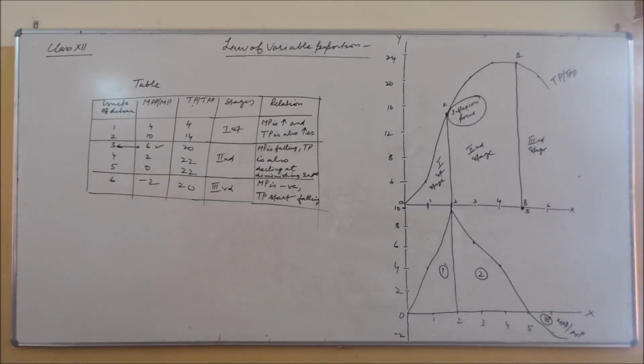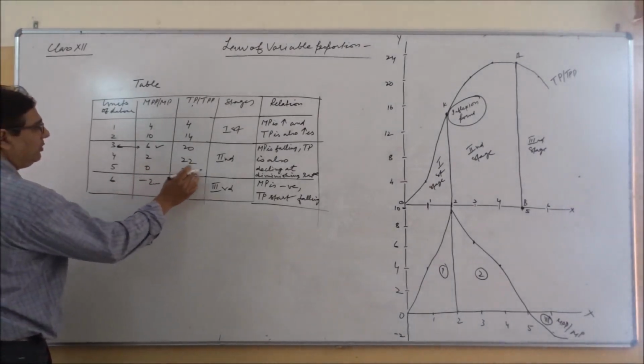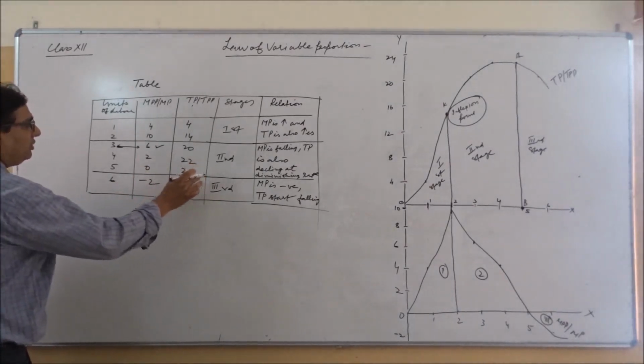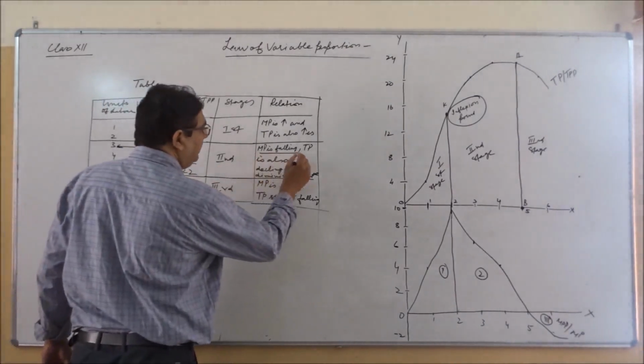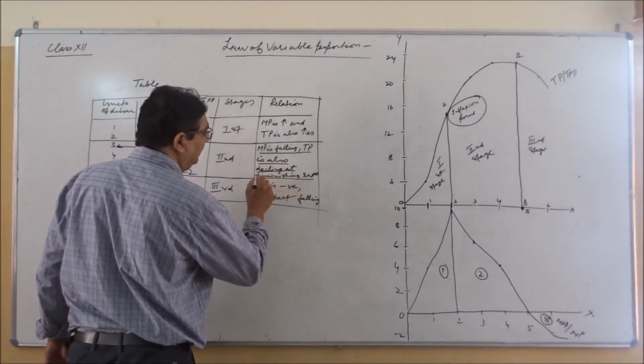Then the fifth unit, it remains 22, constant. The fifth unit of labor does not produce anything, MP remains 0 and total product remains the same.